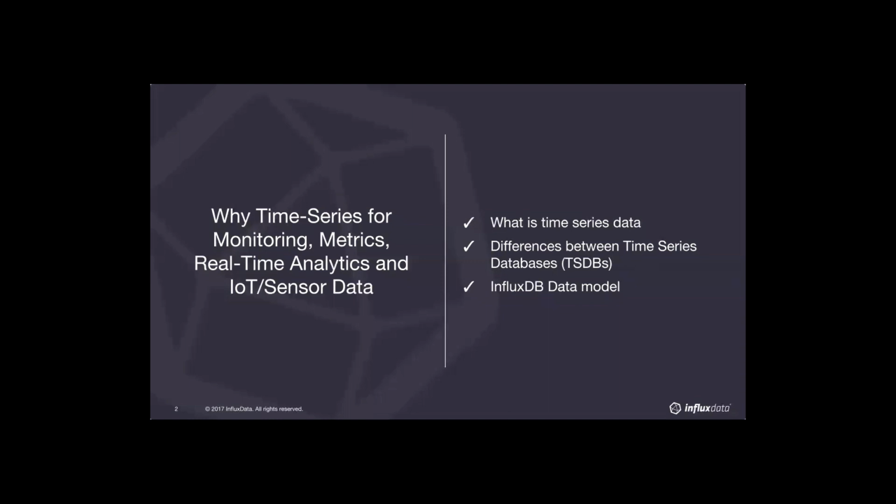So the measurement and the tag set are basically the series as a whole. And when we look at it with a very specific timestamp, we call that a single point. These are just terms that we use quite a bit in our documentation, and at first it might be a little confusing, so I just want to make sure we spent a little bit of time on that.